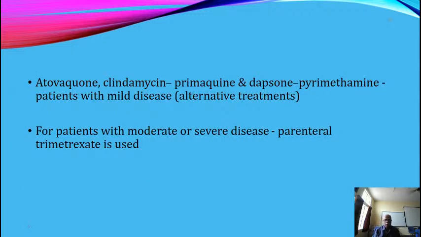Whenever a patient is sensitive to sulfa drugs, because Bactrim DS is after all a sulfa drug, they may get hypersensitivity reactions, especially Stevens-Johnson syndrome and toxic epidermal necrosis. In such cases, you can give dapsone or pyrimethamine. There are alternative drugs, or clindamycin, atovaquone.